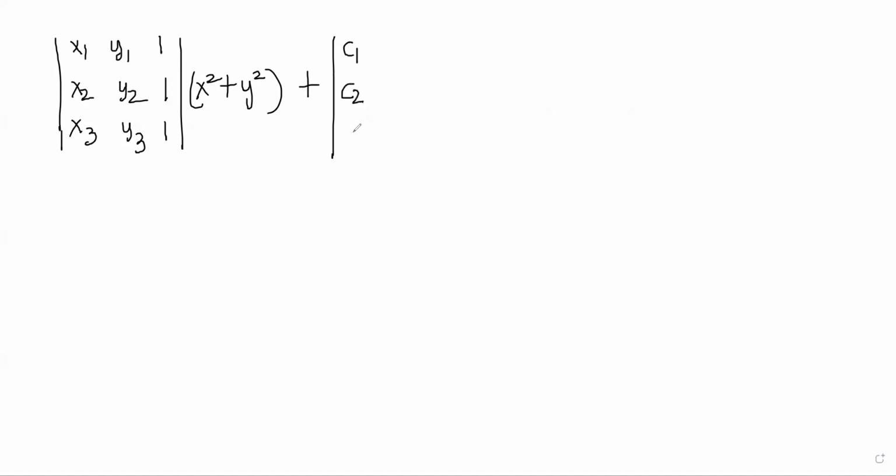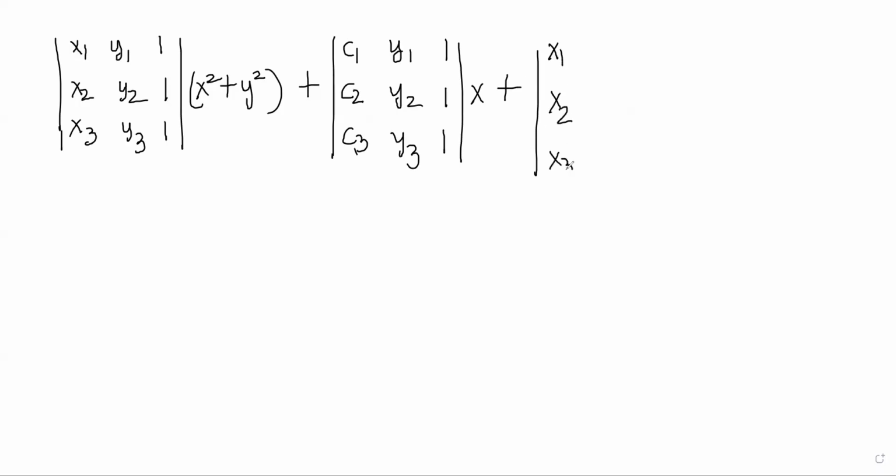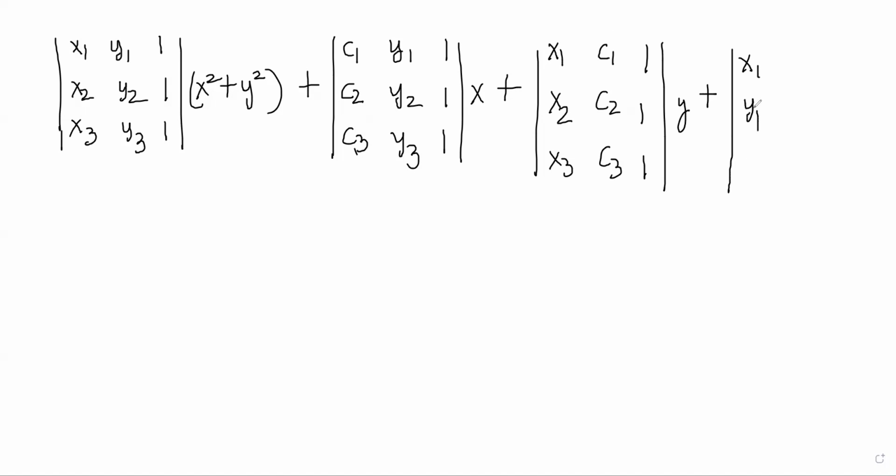C1, C2, C3. This is y1, y2, y3. I have replaced the first column: 1, 1, 1. And since I have replaced the column involving x, here the coefficient is x multiplied by x. Plus then you keep the first column as it is, and you keep C1, C2, C3 here in the second column with the y, and you multiply it with y. And finally, you keep both of the first and second columns, x1, x2, x3, y1, y2, y3.